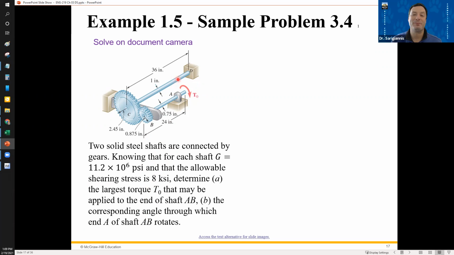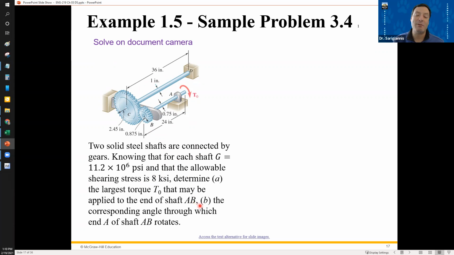That part B is a little confusing to follow. Part A is fairly straightforward conceptually. I know the maximum allowable shear stress is 8 KSI. What's the largest torque here? I need to relate the torque to the shear stress in either one of these shafts.